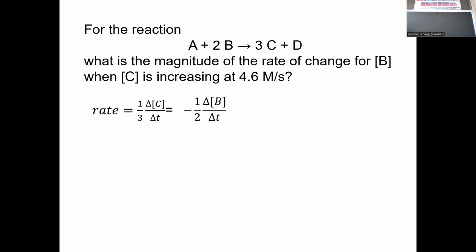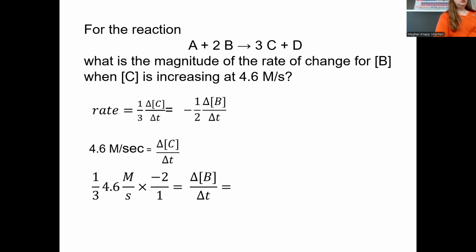All right, so we have this, but remember this part without the 1/3, that's the 4.6. What I want is delta B over delta t. So I'm going to take the 4.6, divide by the coefficient of C, that's what I have, multiply by the coefficient of B. The negative in there is just because B is decreasing.